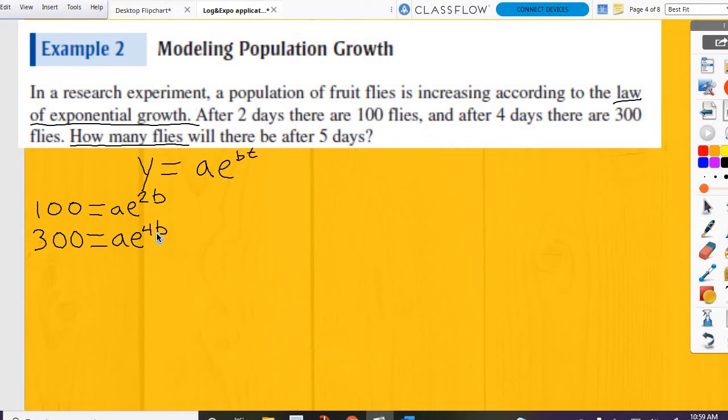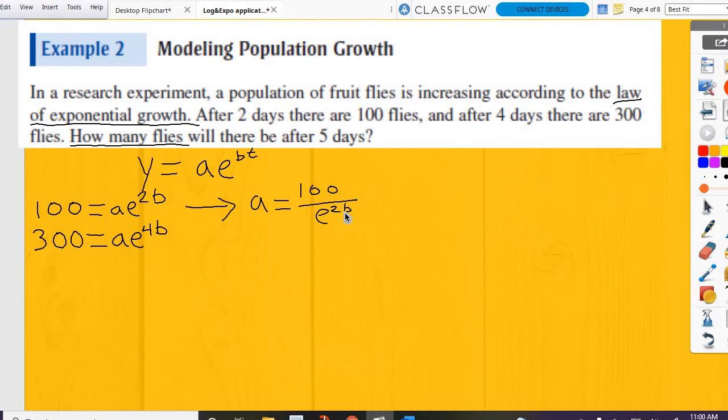Are we all with me? Okay. Because notice on either one of those, A is pretty easy to solve for. What do I get if I solve for A on this first one? So I want to get A by itself. So what would we do? Well, yeah, but I'm going to use this one. So there you go. So A equals 100 over e to the 2B.